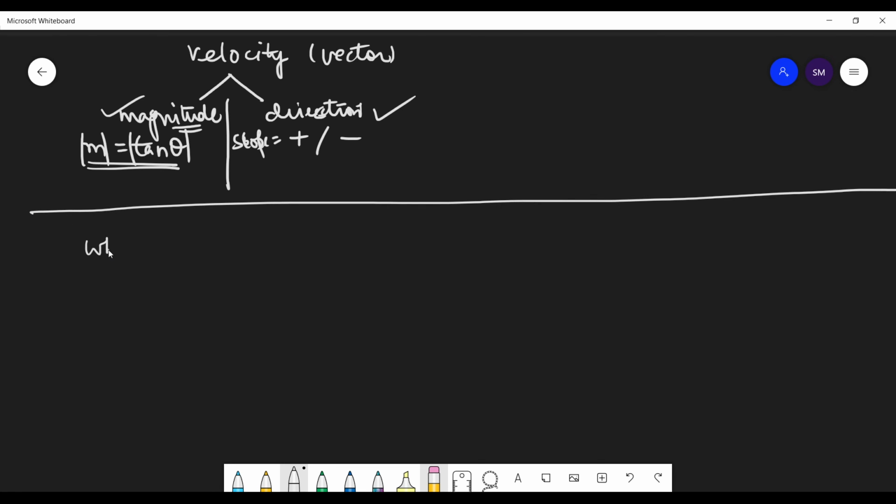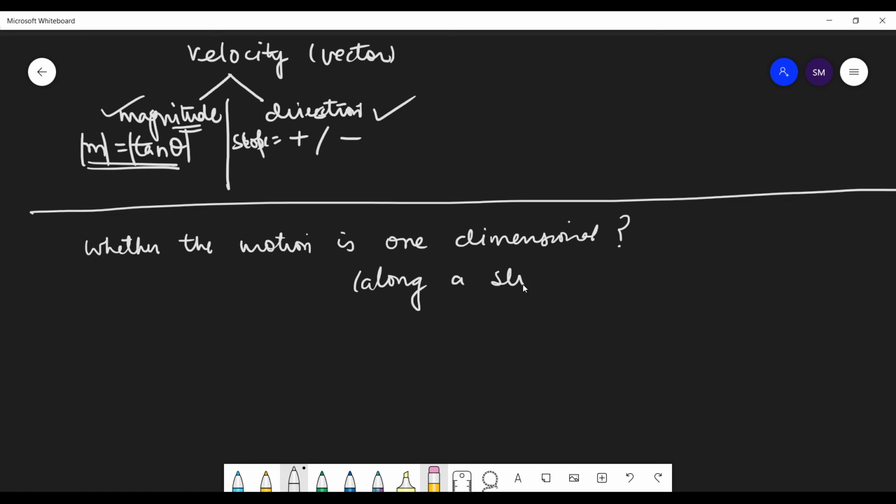You have to tell whether the motion is one dimensional. Okay, that's your question. I am giving you graphs. First graph.